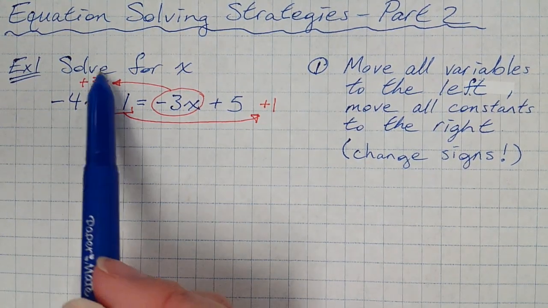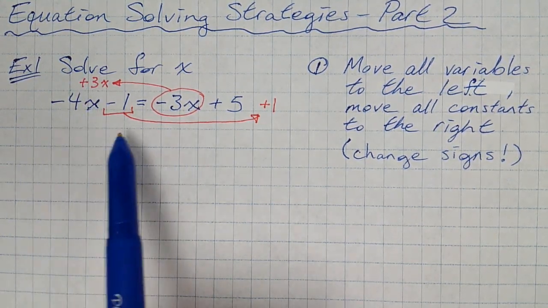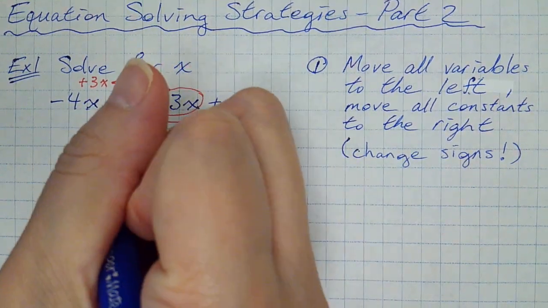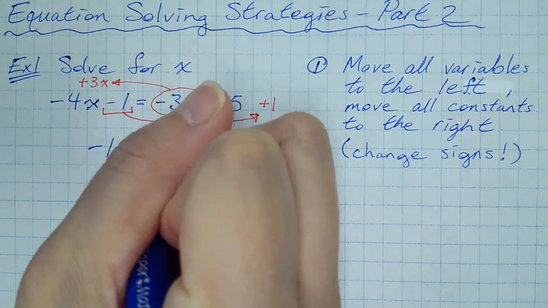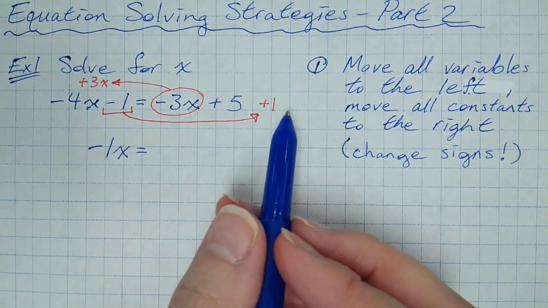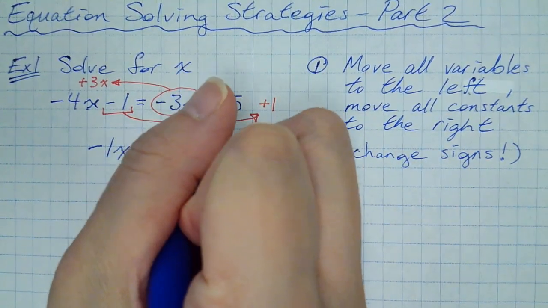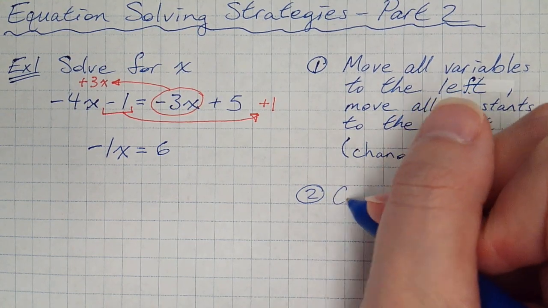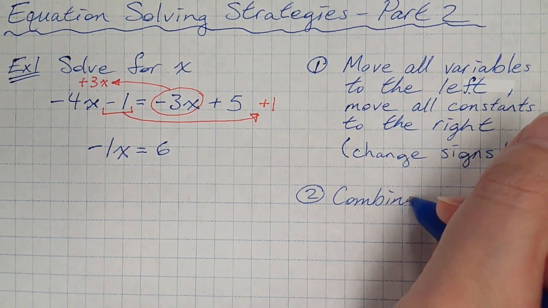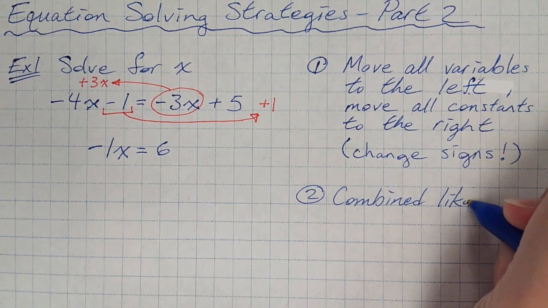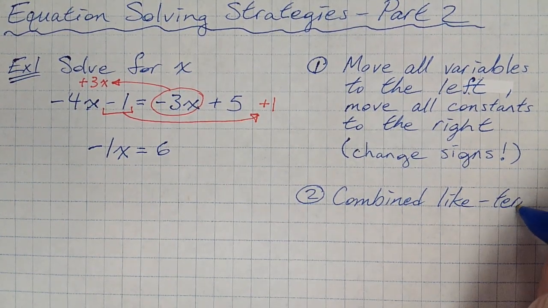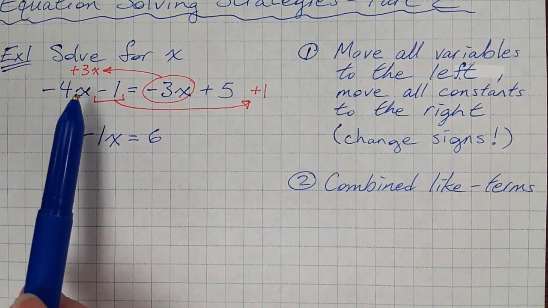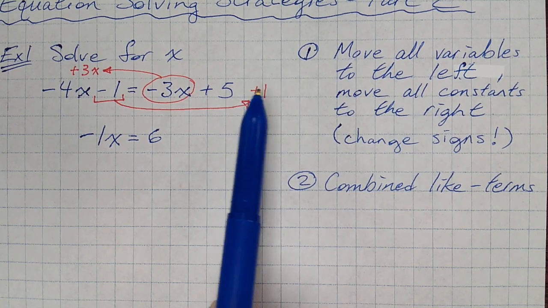So now I do my mental math. Don't write out the full steps. Negative 4x plus 3x, I get negative 1x. And then 5 plus the 1, I get 6. So that's my second step. We combined like terms. So I combined the x's together, I combined the numbers together.